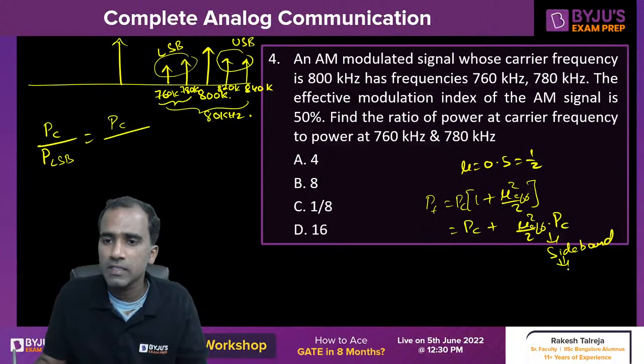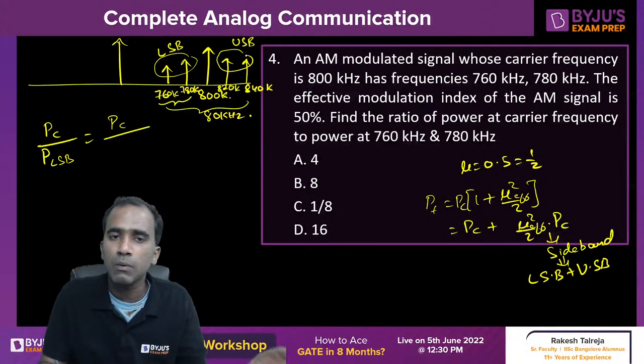Sideband power means lower sideband power plus upper sideband power together. Lower and upper sidebands have equal powers, so the lower sideband power or upper sideband power will be half of this total sideband power. This is the carrier power.